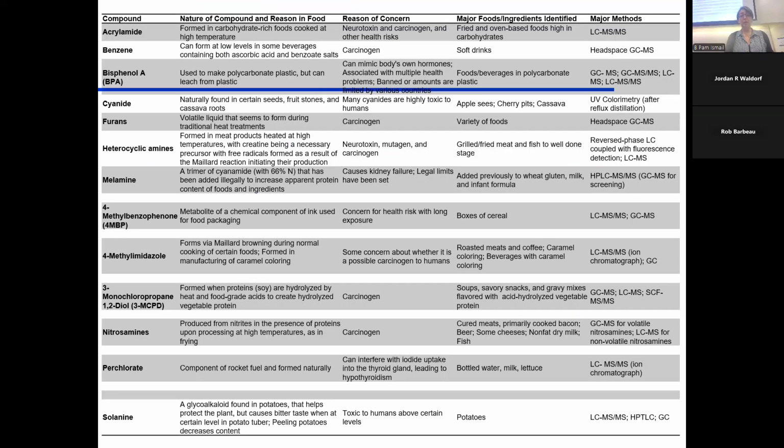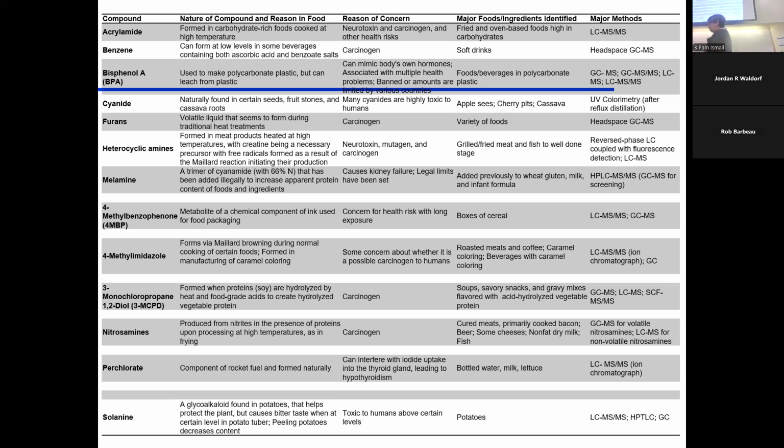This is the table. There is an updated table. I didn't put the updated table here, apparently, but it's a similar table. I'm not sure of the number, but it's in chapter 33 and summarizes all of the compounds, why they might end up in food, why they are of concern, what food product they could be found in, and what the method of analysis is.